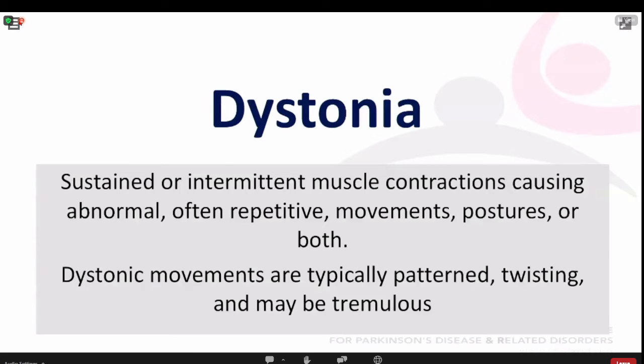Dystonia is sustained or intermittent muscle contraction that causes abnormal posture and repetitive movement.